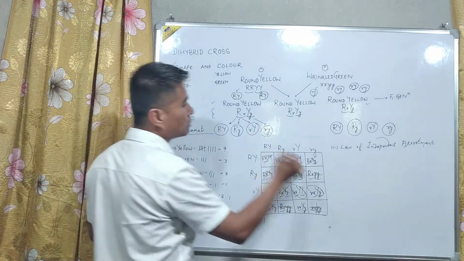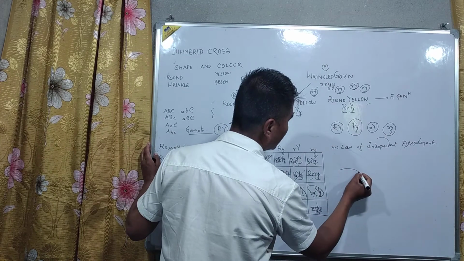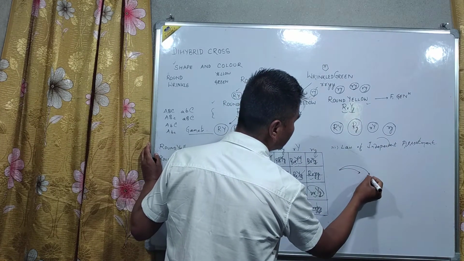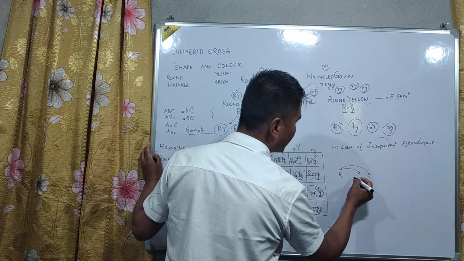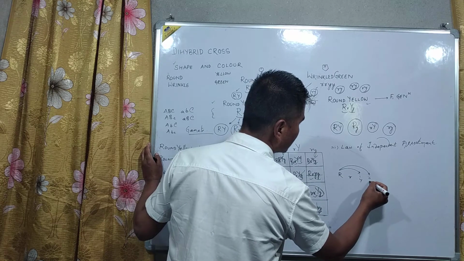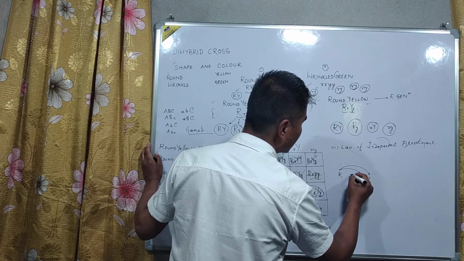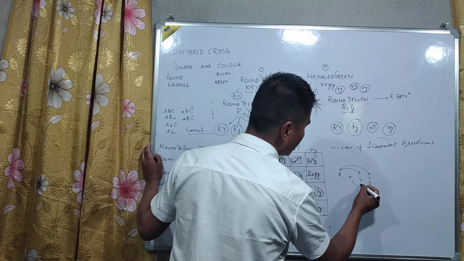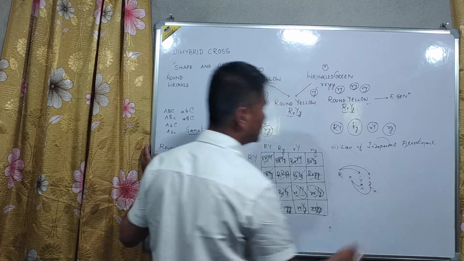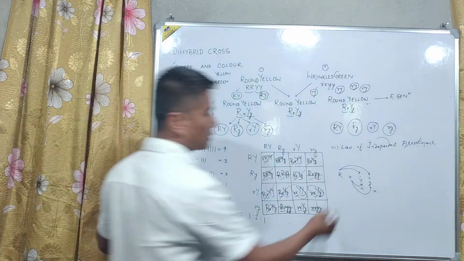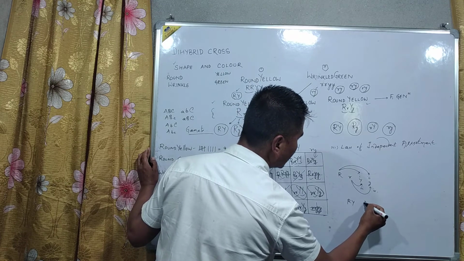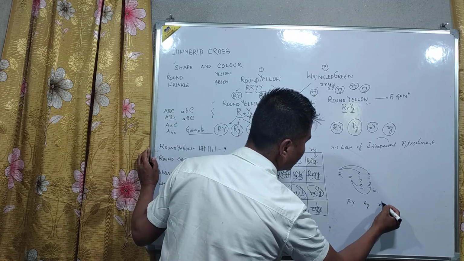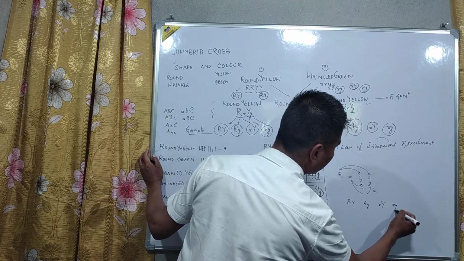At your level, please remember this: this is 1, 2 for R, and for small r this is 3 and this is 4.